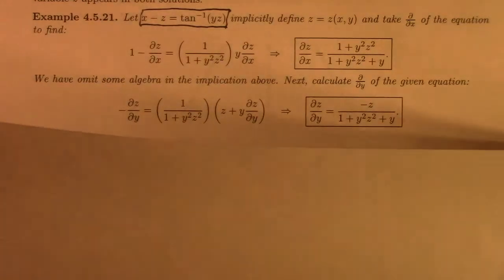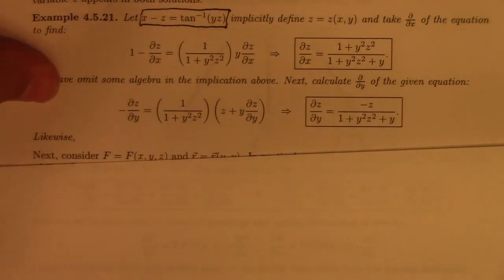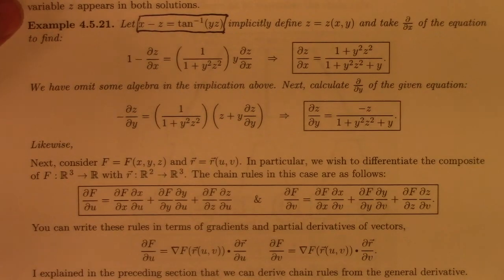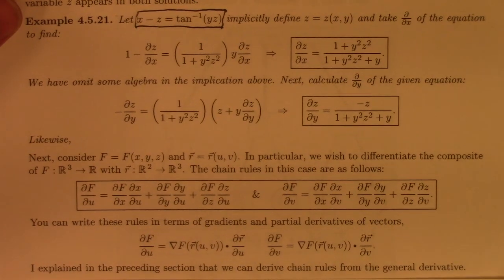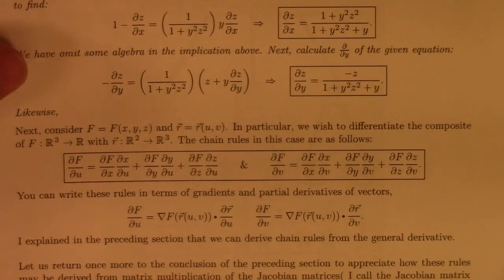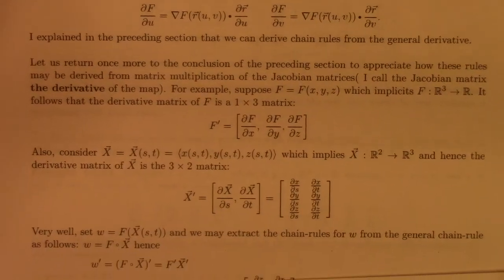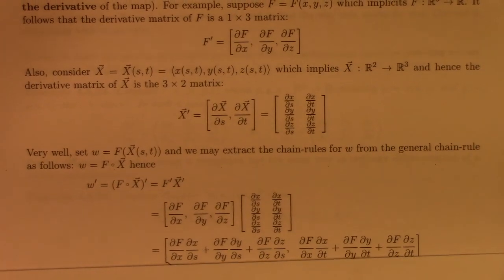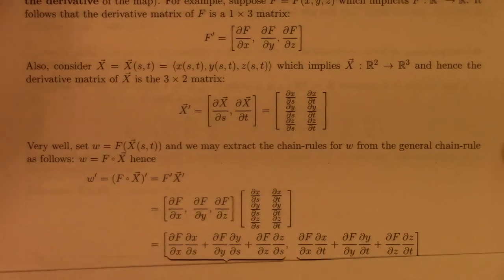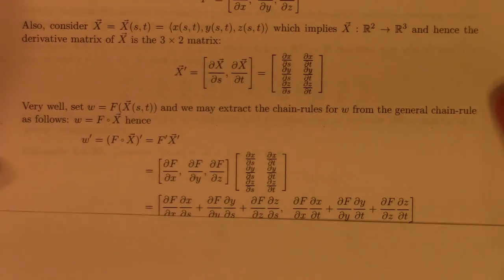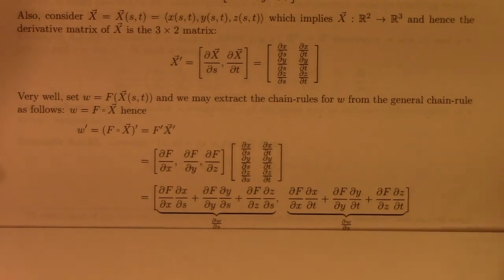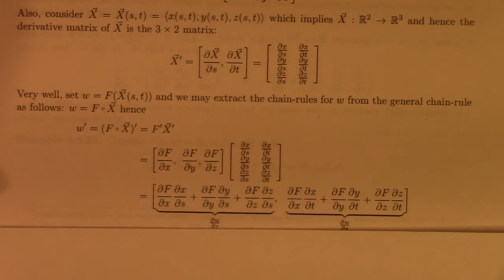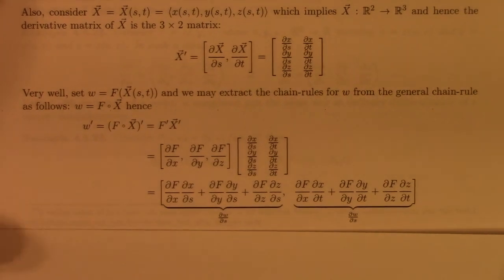All right, so we're getting near the end of the part which is most important for us at the moment. Next up, as I mentioned at the end of this section, I'll talk about derivatives of vector valued functions. Here, I attempt to show you in terms of the general derivative how these rules come from multiplying the Jacobian matrices.